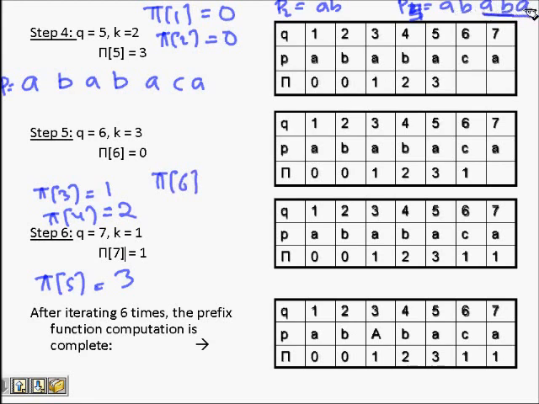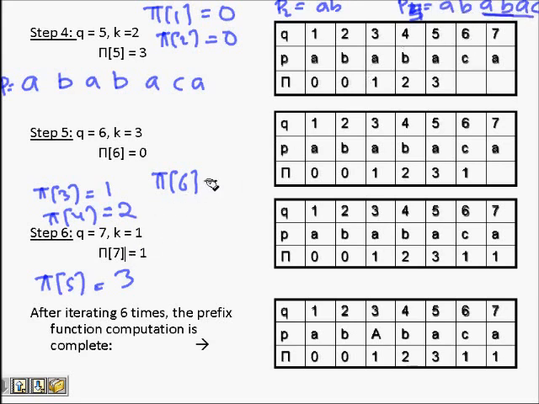Pi of 6, let's try to calculate. Pi of 6 is ababac. Now you see c is there, so a is not a suffix of this, ab is not a suffix of this, aba is not a suffix of this, abab, and ababa is also not a suffix.